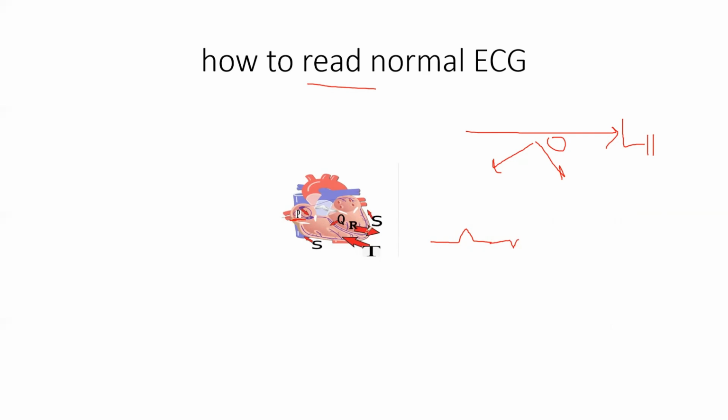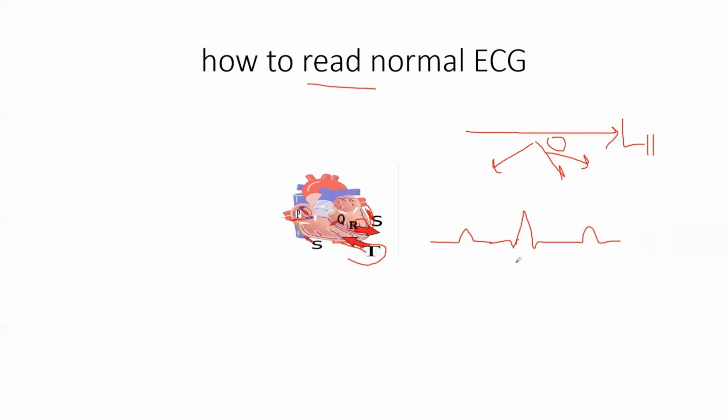And we have the R wave. As we said, it's going to the left more because of the strong wall right there, so it will be positive. Then S, it will be negative. Now for the T, it's repolarization, so it's going against the rest mode, and if it's going against, it will be positive.